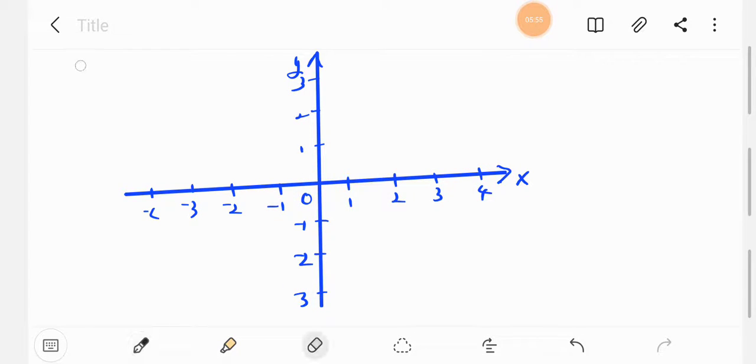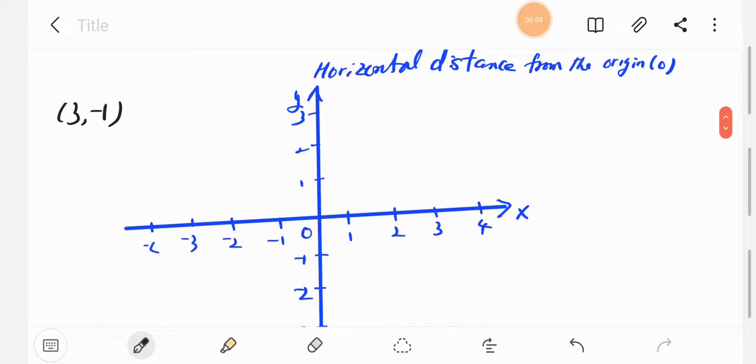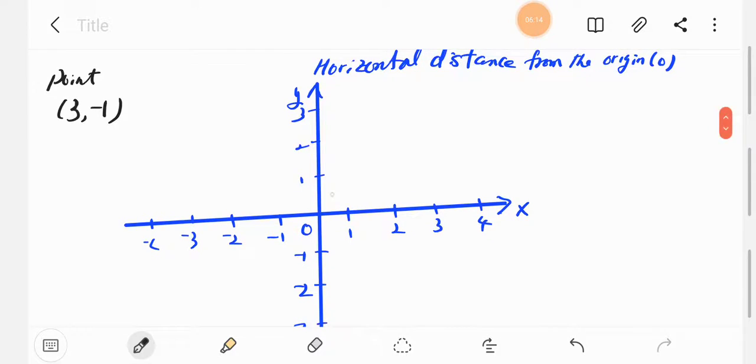Let's plot the point (3, -1). When 3 and -1 are within the parentheses, it means this is a point. So 3 is the horizontal distance from 0. You are going to go 3 units to the right from 0.